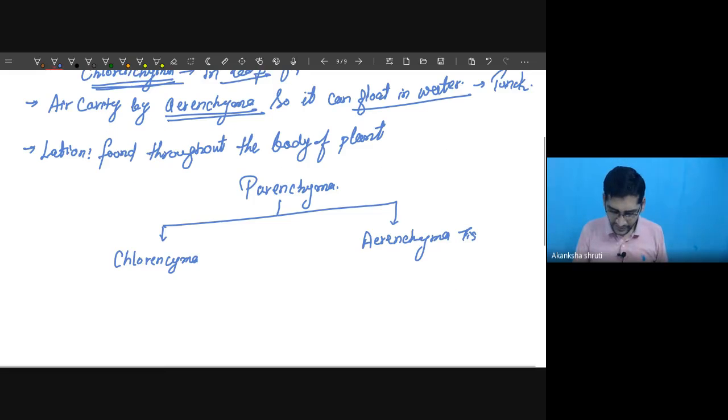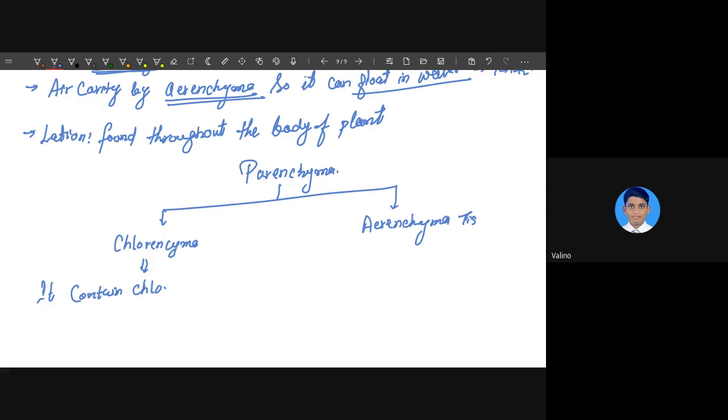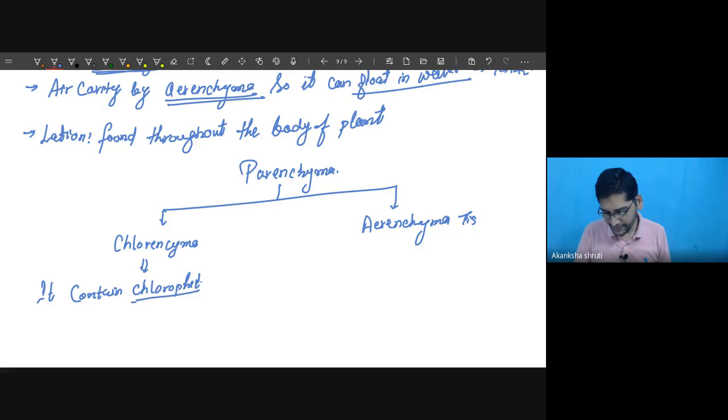Students, chlorenchyma tissue contains chlorophyll. Chlorophyll is a pigment, so because of this chlorophyll it can perform photosynthesis.